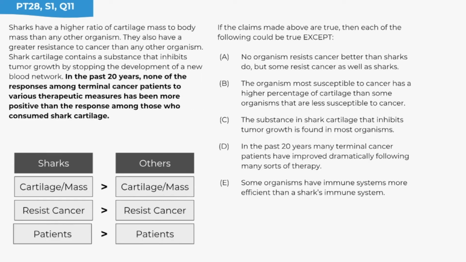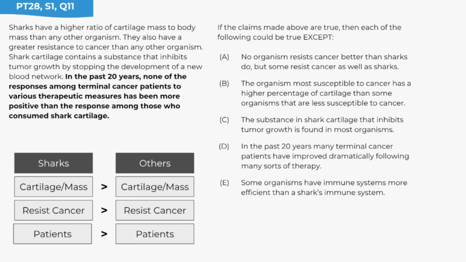In the past 20 years, none of the responses among terminal cancer patients to various therapeutic measures has been more positive than the response among those who consumed shark cartilage. So with regard to patients and their response to various therapeutic measures, patients have a better response to shark cartilage than to other treatments. So now we've got three different relationships between sharks and other organisms.